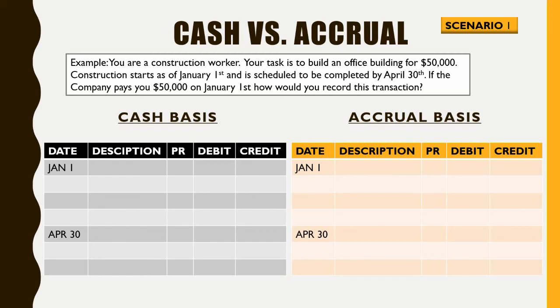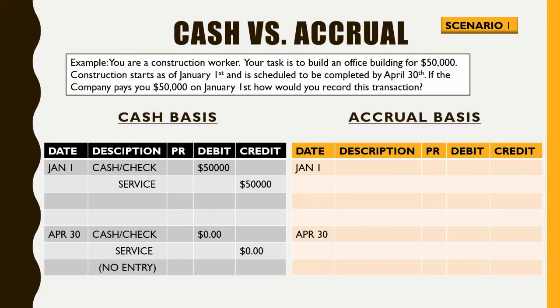Okay? So in this case, as a cash basis, right? You're going to record it as of January because you received cash. Even though you haven't earned the service yet, in this case, that's fine. We still recognize it because you still received cash. You received cash for $50,000.